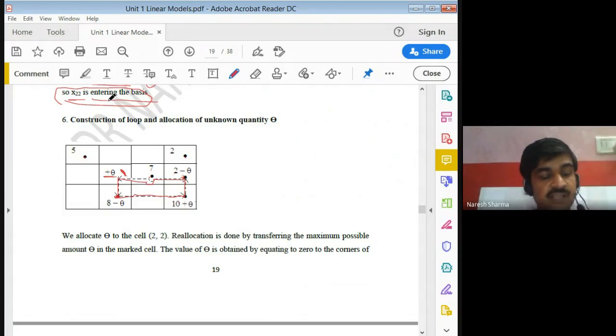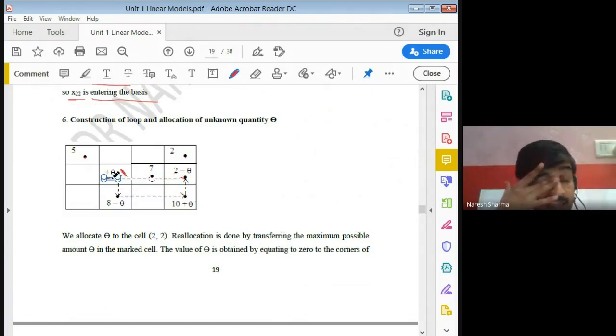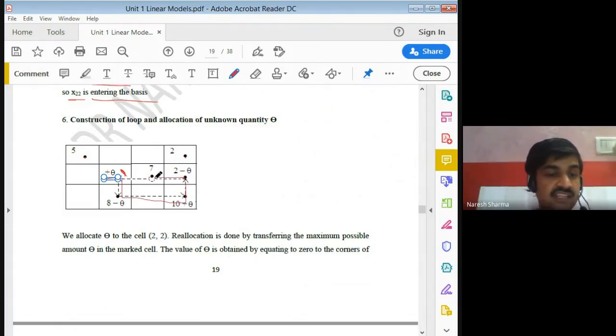If it is the entering variable, you can just add theta at this location and draw the closed circuit. Here I am subtracting theta, then again add theta, then subtract theta, and then rejoin the same point. I am not stopping at this because we have no point to the upside and downside here. So we make the closed path.